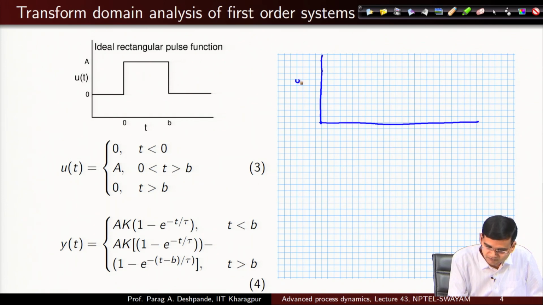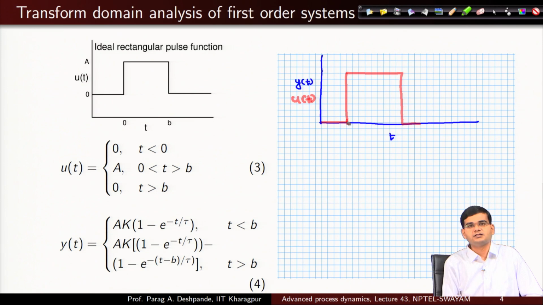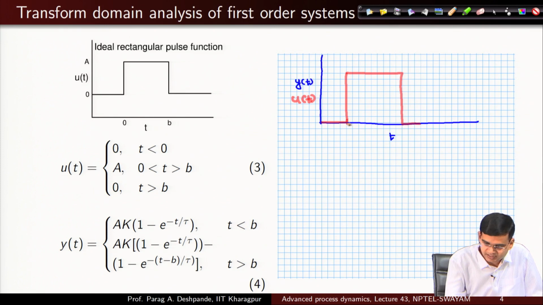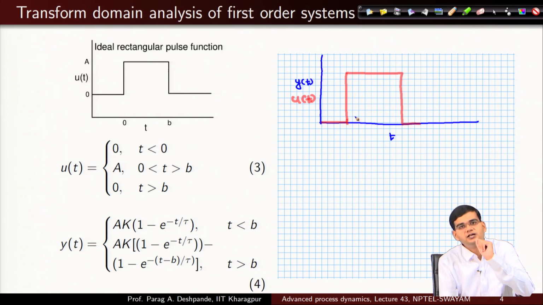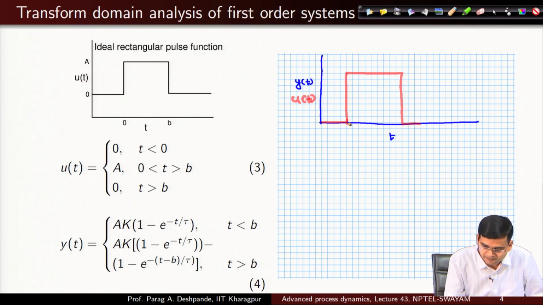So, y of t versus t, and this is u of t, which would be like this, the ideal rectangular forcing function, and y of t following the u plus a would rise like this, and then it would come down like this.